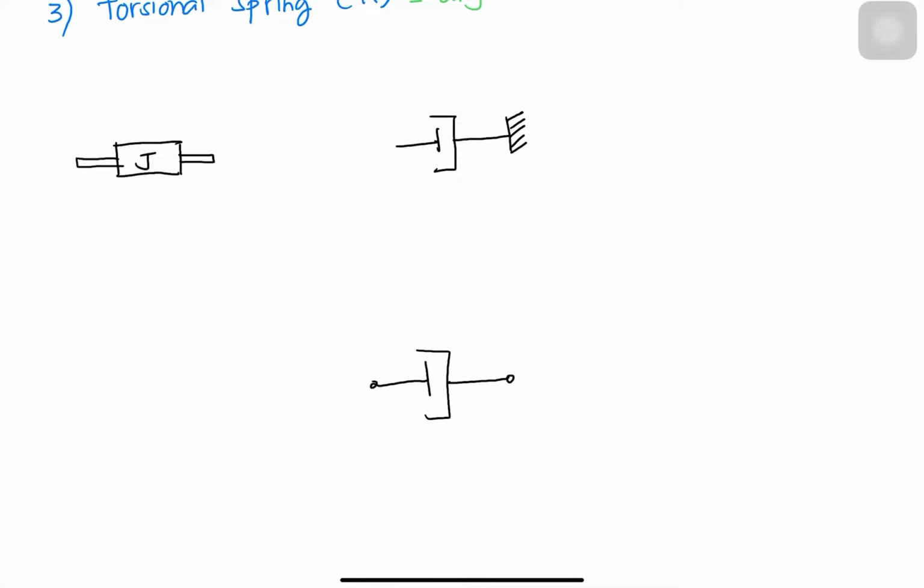And then we have the torsional spring, case 1, and then case 2 is when both ends are free. Okay, so this is B, K, K.